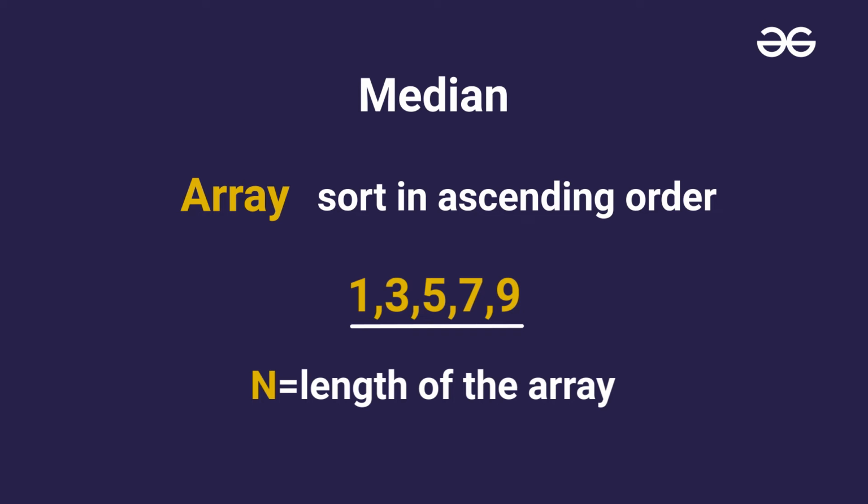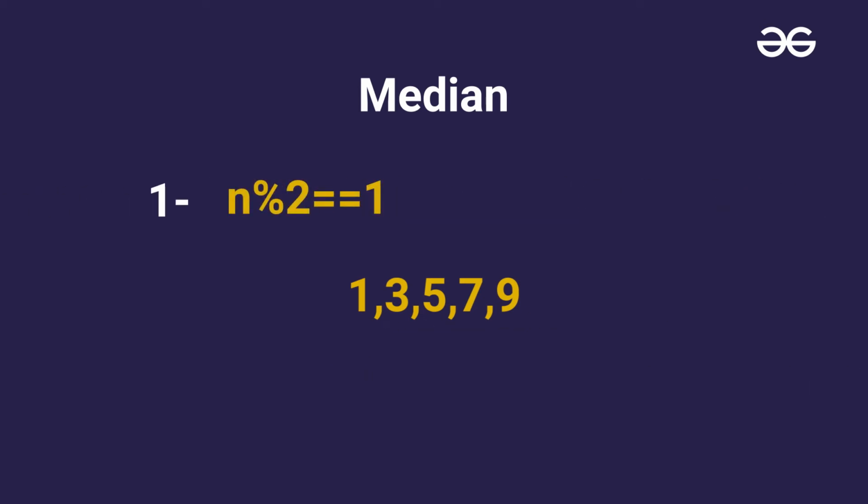Now the median of this array has two possible options. Option 1: n modulo 2 equal to 1, which means n is odd. Another option is n modulo 2 equal to 0.